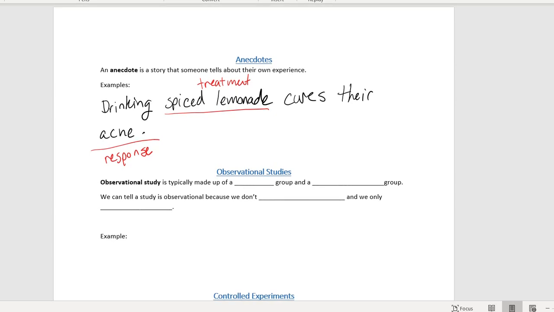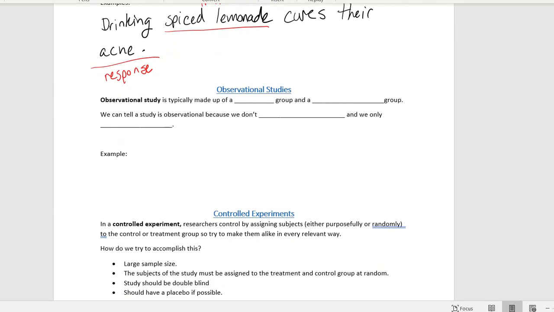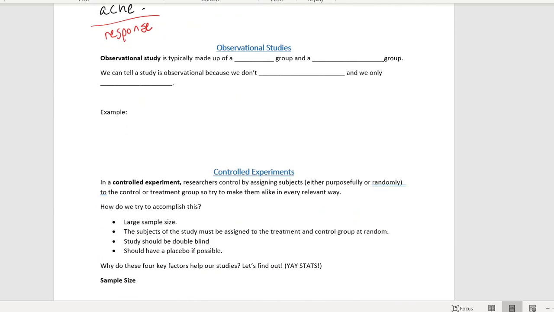If we collect a lot of anecdotes, though, it becomes an observational study. An observational study is usually made up of a treatment and a control group, usually but not always.